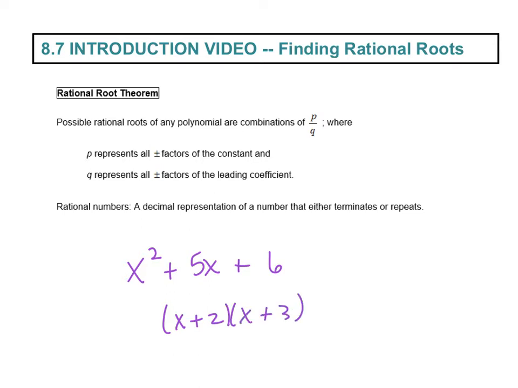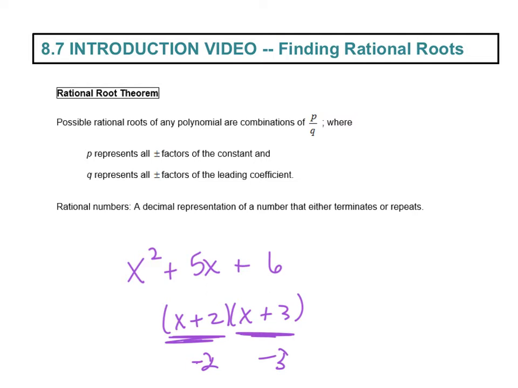So x plus 2 is a factor, x plus 3 is a factor. The roots would be negative 2 and negative 3. Remember, if you were to set each of these equal to 0, you would get negative 2 and negative 3. So that's what we're working on, but our examples aren't always going to be that straightforward, where it's something you can just factor to get your two roots right away.